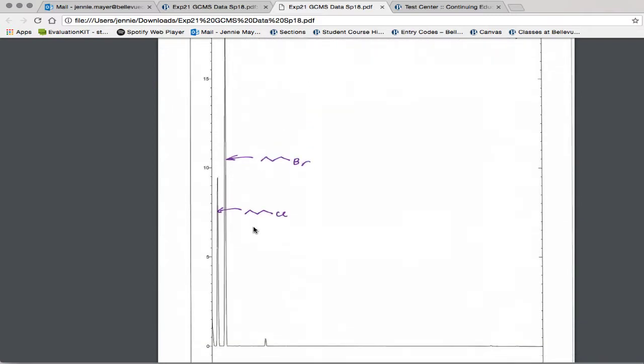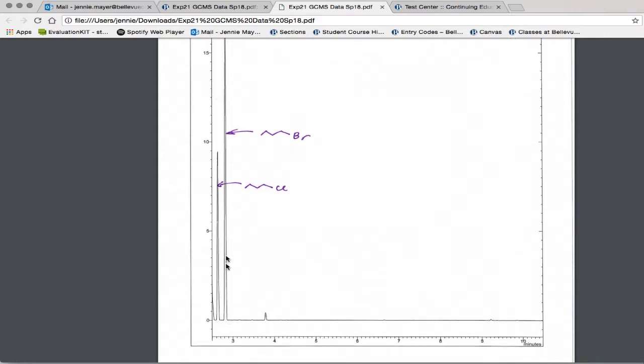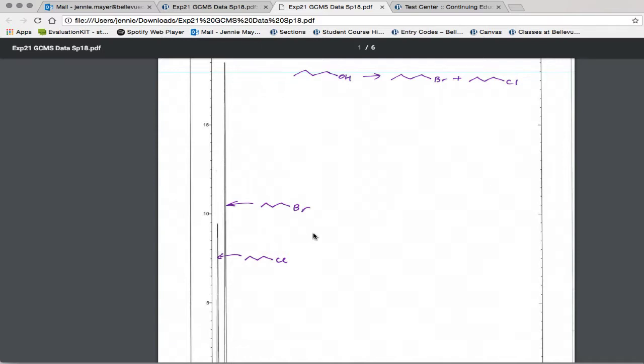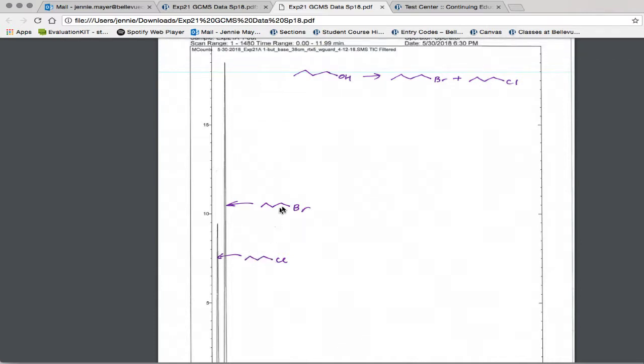I can't fit it all on one page, but take a look here. We have one peak coming out here at 2.6 minutes and the other peak at 2.8 minutes or so, okay? And I ran some standards. That means I have a bottle of this and I have a bottle of this, and I ran them not from the experiment, but just to see where the molecules come out.